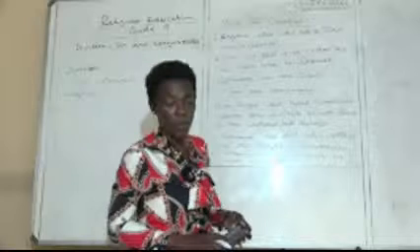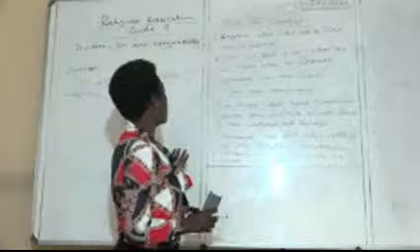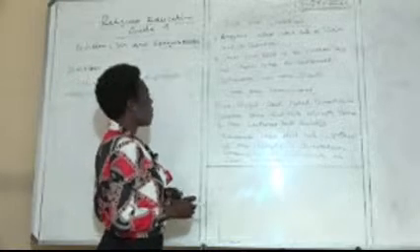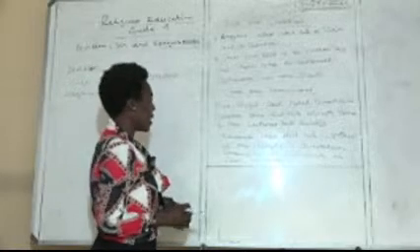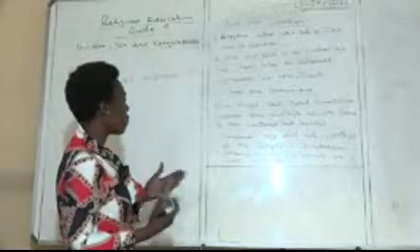Let me just go through again the division between Jews and Samaritans. Pure blood Jews hated Samaritans because they did not accept some of the customs and beliefs. They believed in other customs, so there was that conflict between the two.